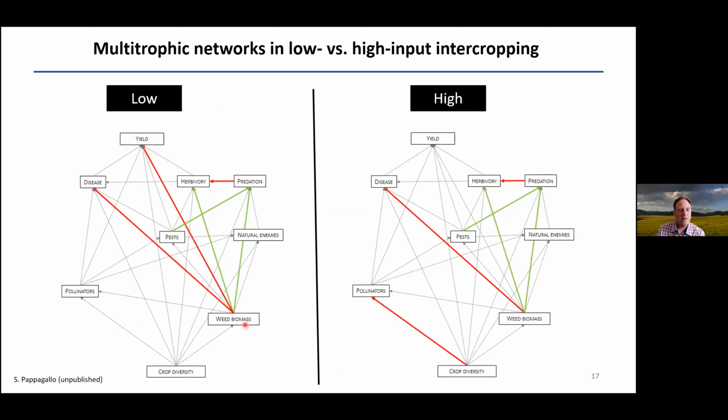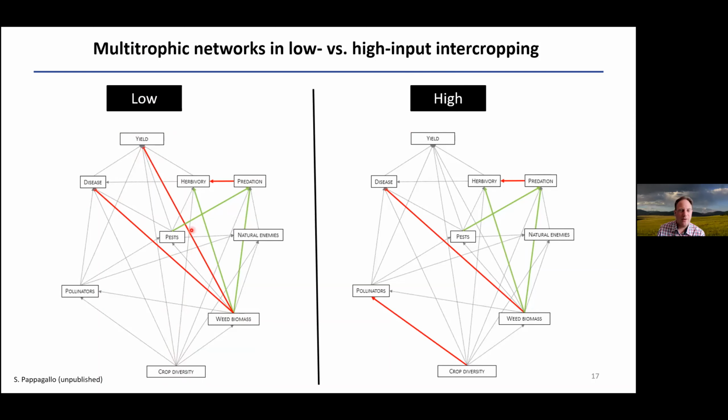And what you can see is that biodiversity and ecosystem processes are more or less uncoupled from the yield. So there is no direct path, for example, from crop diversity to yield that is supported by the model here. Only those ones that have a color here are significant. This is the low input system, and this is the high input system.